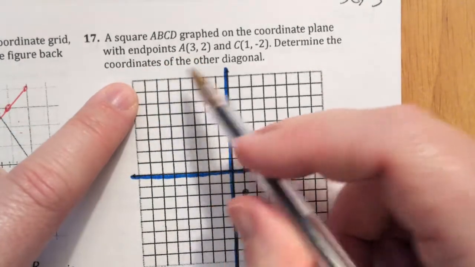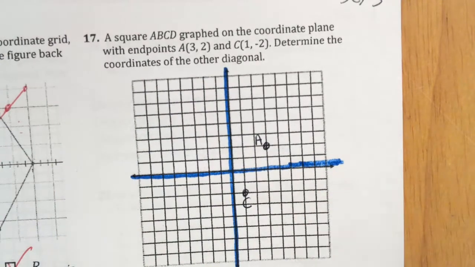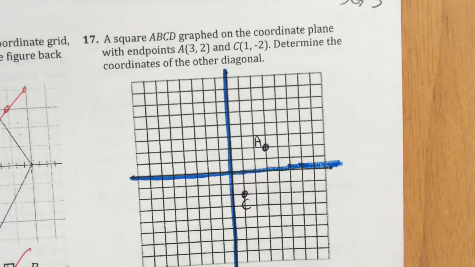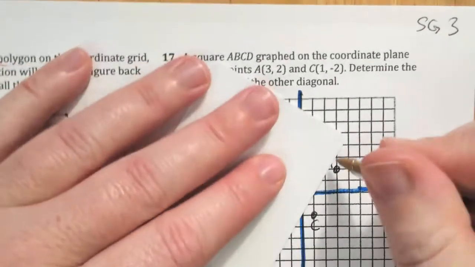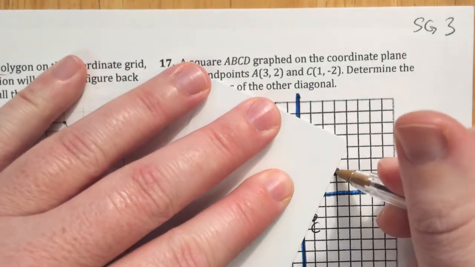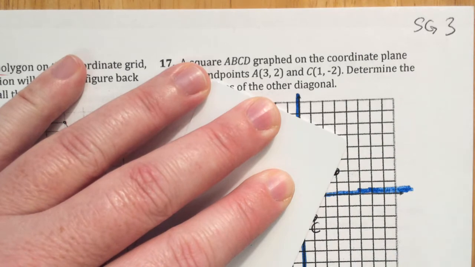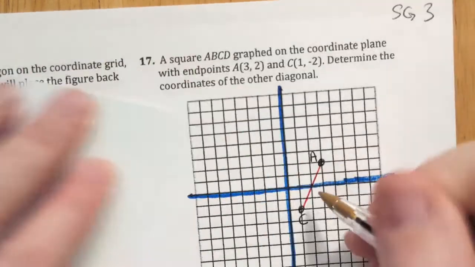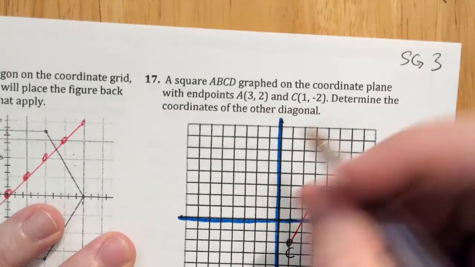And they say determine the other diagonal. So this is a diagonal, not the side of the shape. Just getting my straight edge. So this right here is a diagonal, not the side. And they said of a square.